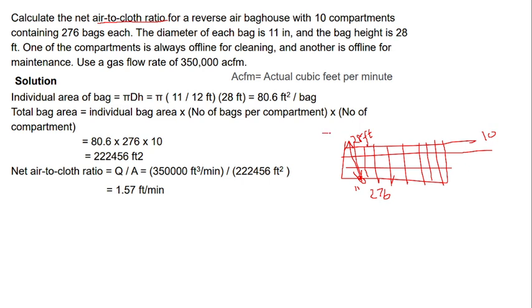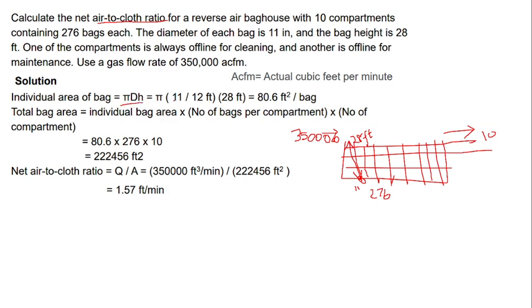Gas is flowing in and flowing out of this bag filter. The gas flow rate is 350,000 ACFM. Since it is in feet, we have to convert everything into feet. Individual area of the bag is calculated first. The formula is pi into d into h.